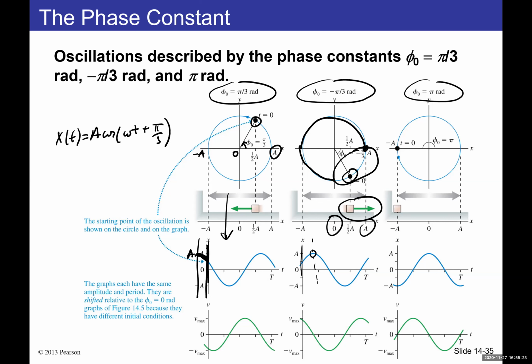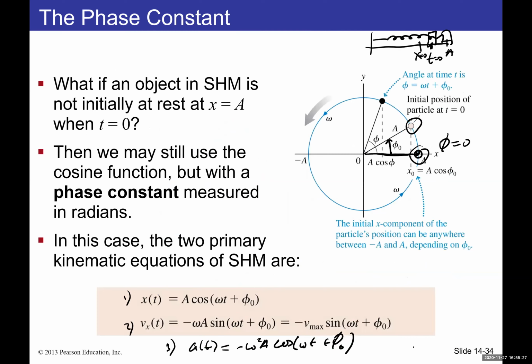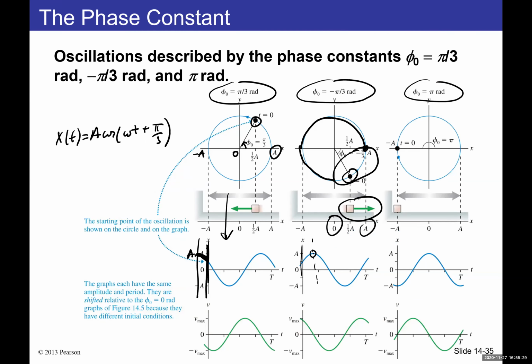That means my phase constant is negative pi over 3, because if I do this graph, which is clockwise from my reference line, then that phi is negative pi over 3. So think of it like this: this is for the A, this is for the B. So I can say x comma t is equal to A cosine omega t minus pi over 3.